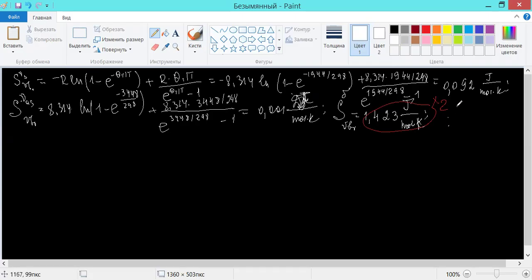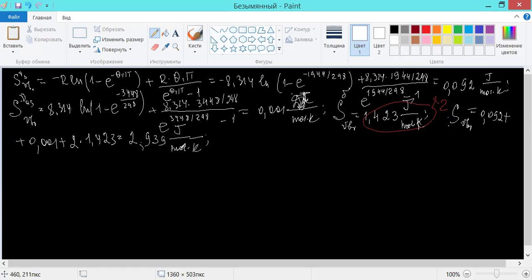So we can write that S vibration is equal to 0.092 plus 0.001 plus 2 times 1.423. And that gives us the answer 2.939 joules per mole per Kelvin.